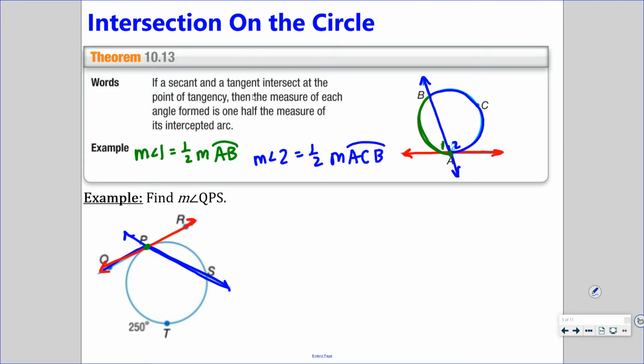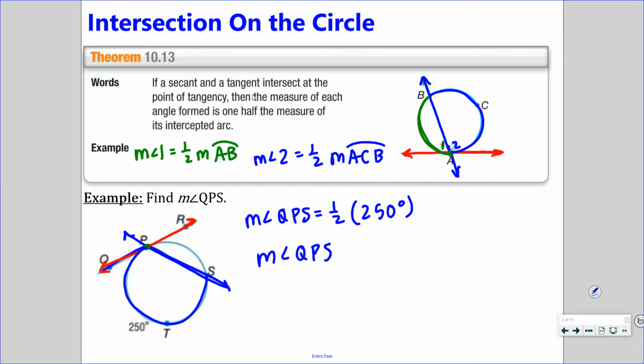So that means the measure of that angle is going to be exactly half of the arc it forms, which is 250 in this case. So that'd be 125 degrees. I like that rule. That one's pretty easy.